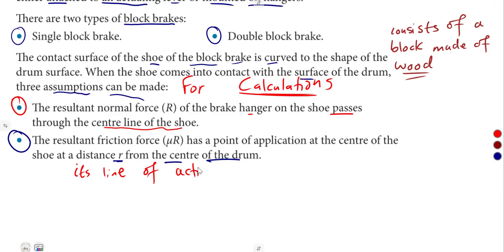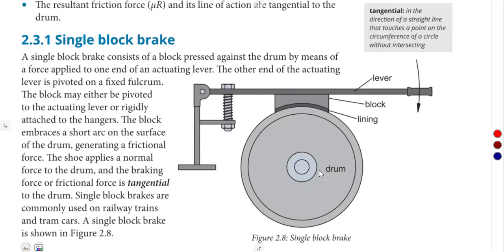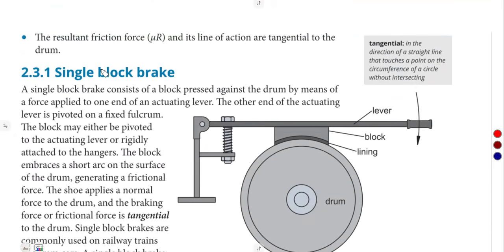Of action is tangential to the drum. We're going to look into that one, which is very, very important. Then the other thing that you must consider is a separate point, the resultant and its line of action tangential to the drum, which is okay.